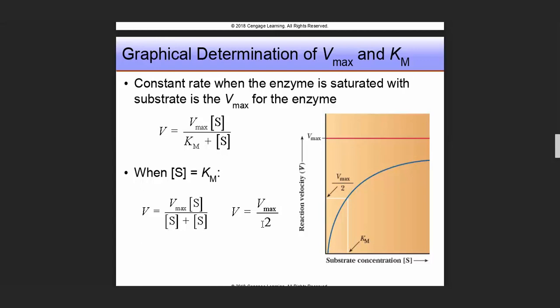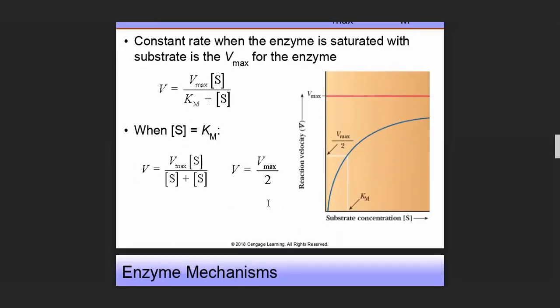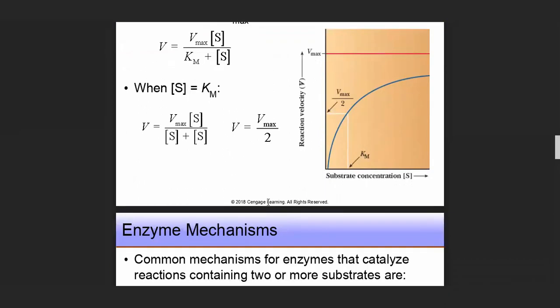This fact is the basis of the graphical determination of Km. So how do we determine Km from the plot? This is Vmax, take half of it, put a line here and a line down, then you get a value for substrate concentration. This value equals Km. So this is the second definition of Km: Km equals the substrate concentration at 1/2 Vmax.